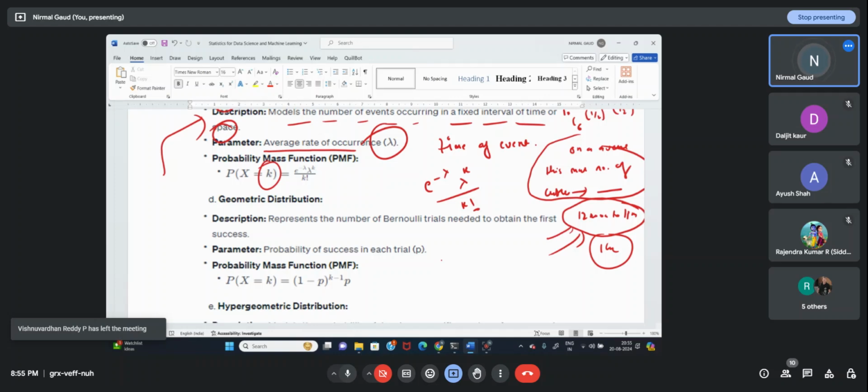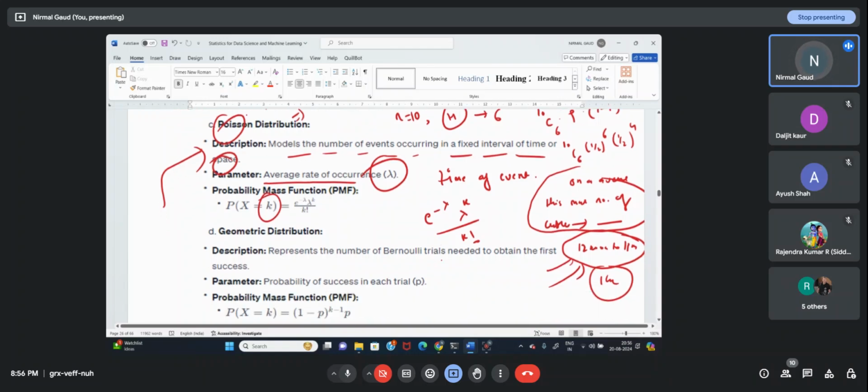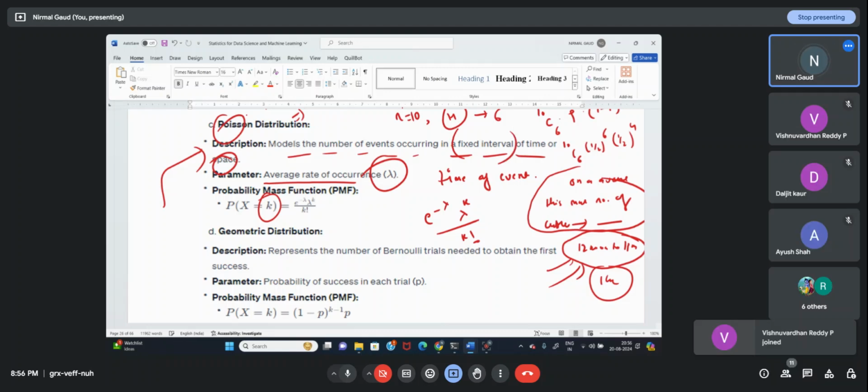So this we can put in the formula. Whenever in a question you have been given a time limit, a fixed time interval, you have to apply Poisson. When time is not given, then Bernoulli or binomial, depending on the case. Now you understood the difference between them.